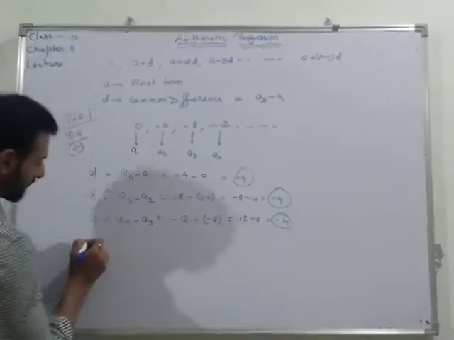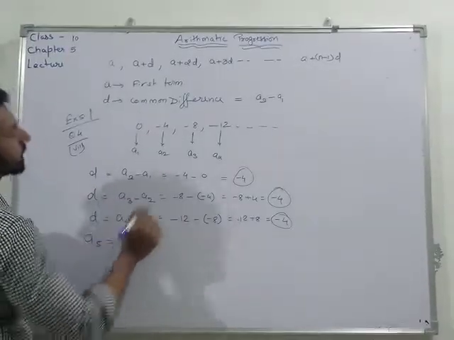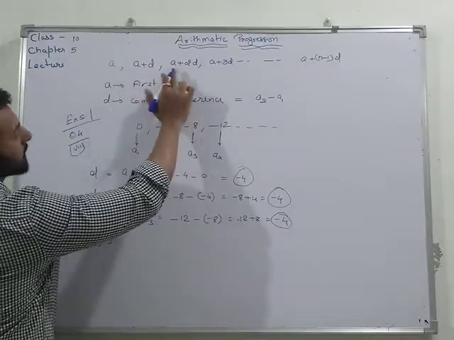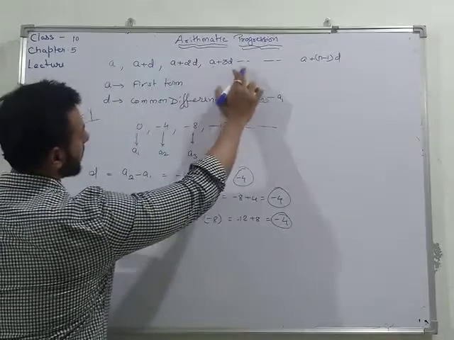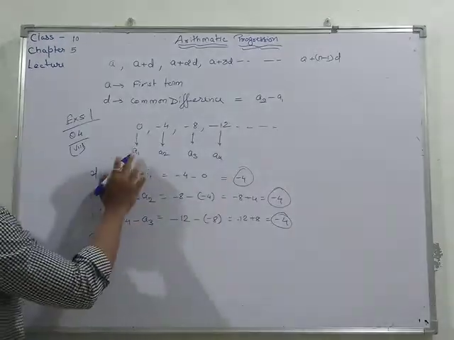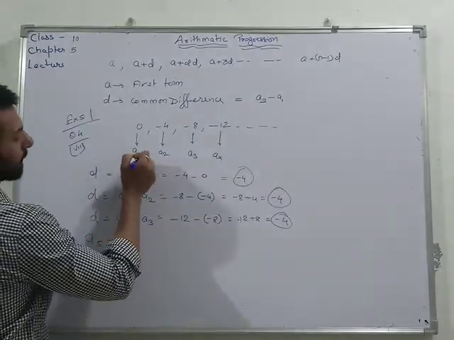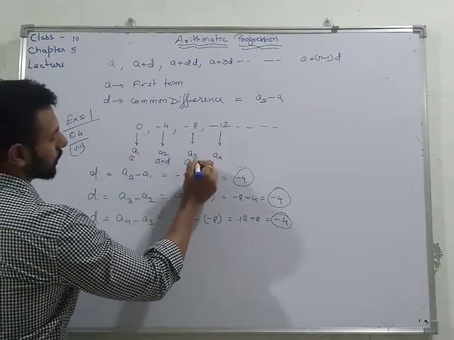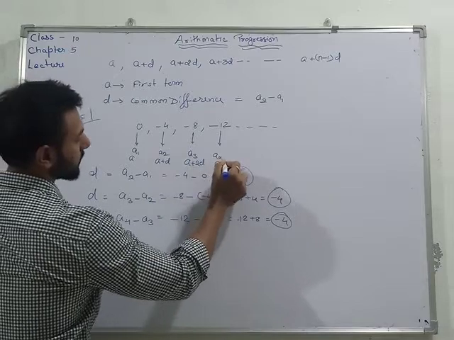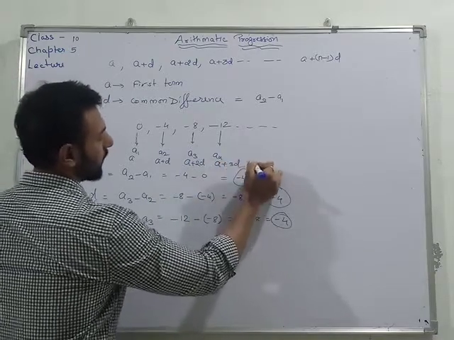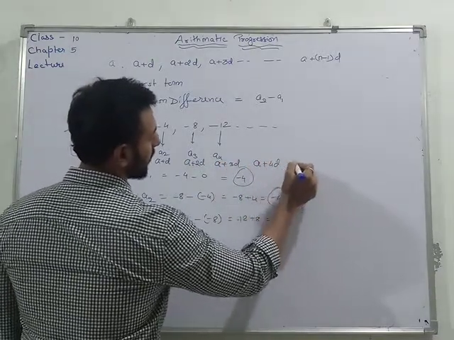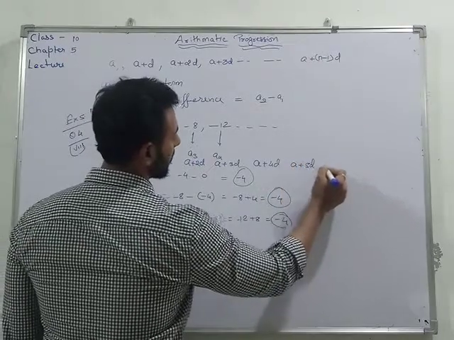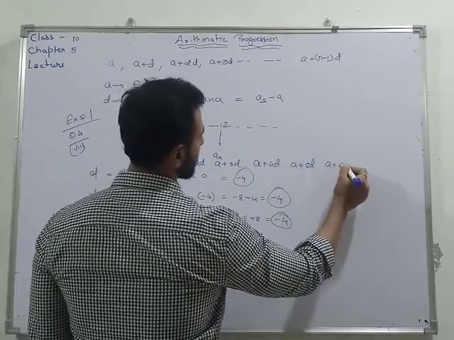3 more terms we have to identify, meaning A5. The terms are a, a plus d, a plus 2d, a plus 3d, a plus 4d, a plus 5d, and a plus 6d.